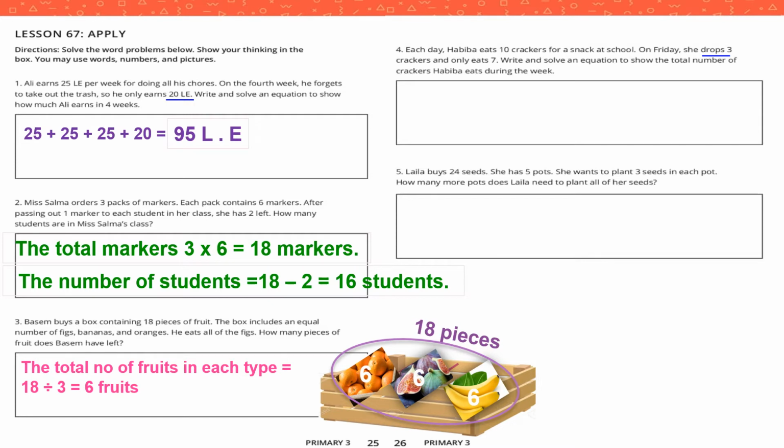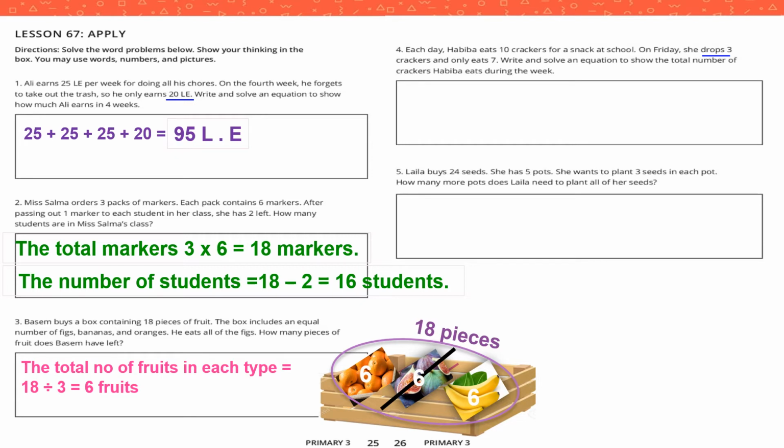All of them equal 18, but he eats all the figs. How many pieces of fruit does Basim have left? He eats all the figs, so we don't have figs now. We have only oranges and bananas.